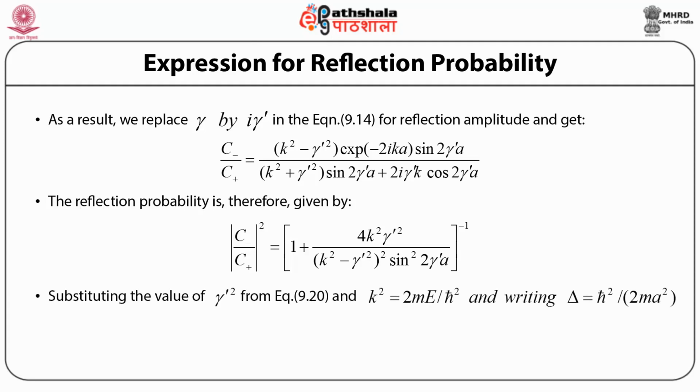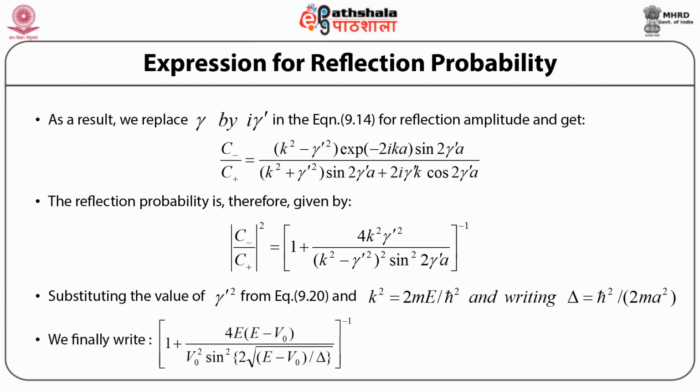Substituting the value of gamma prime square from equation 20 and k square equals 2mE by h cut square, and writing delta is equal to h cut square by 2ma square, we finally write inverse of 1 plus 4E into (E minus V naught) divided by V naught square into sine square of twice the square root of (E minus V naught) by delta.